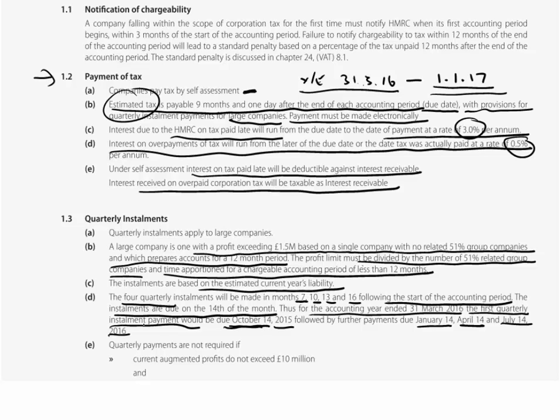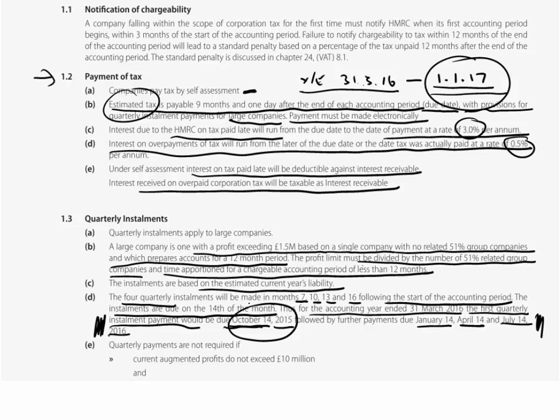Now you look at the difference between when those quarterly instalment payments have to be made and when you would normally make your annual payment on the 1st of January 17, 9 months and 1 day after the end of the accounting period. Compare that with your first due date, the 14th of October 15. You start making these quarterly instalment payments nearly 15 months prior to when you would ordinarily pay your tax.